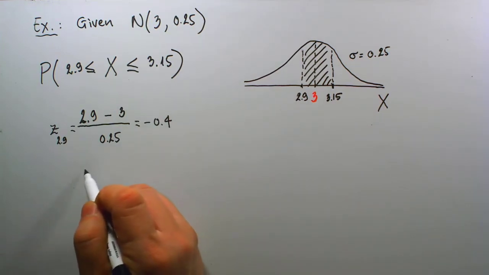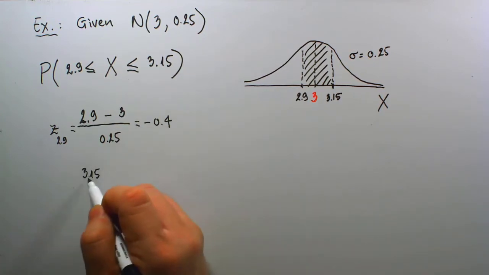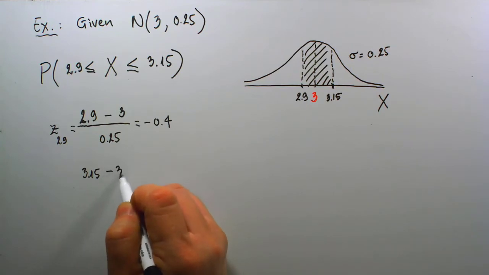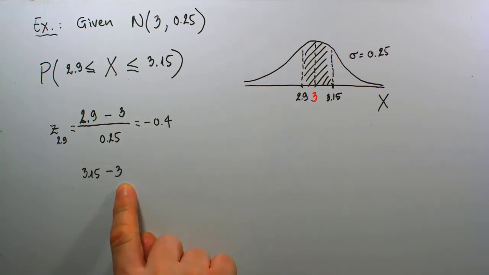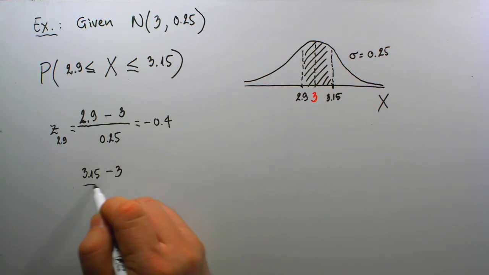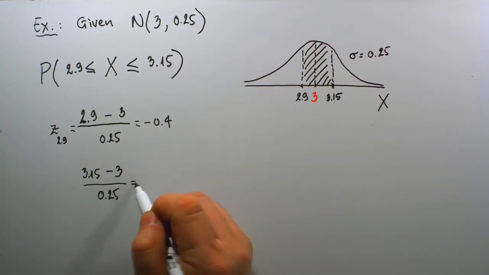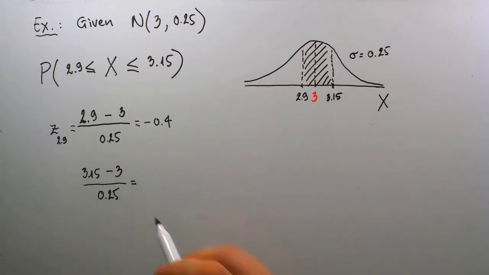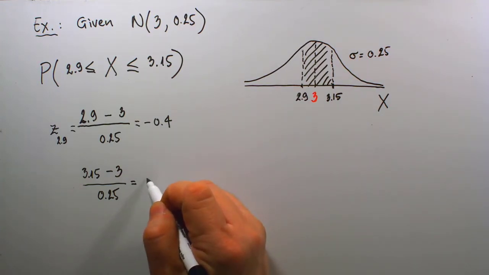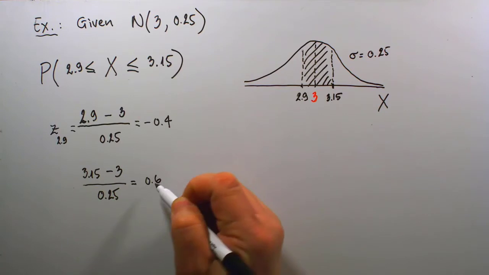The math comes out to be 3.15, our upper end of the interval, minus 3, the center of the bell curve or the mean value of the data, and we're dividing that by 0.25. The calculation comes out to be positive 0.6.